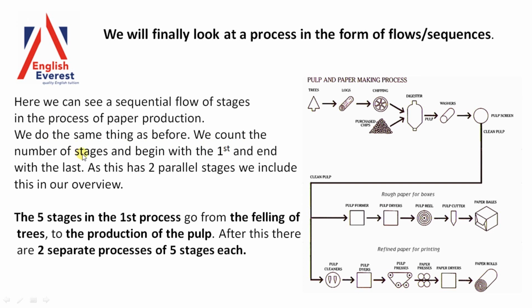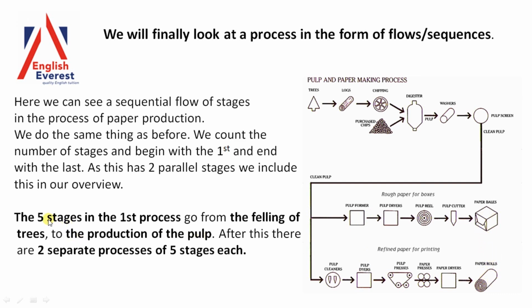We count the number of stages and begin with the first and end with the last. As this stage here has two parallel stages, we include this in our overview. So one stage, another stage, they run in parallel with each other and they produce different kinds of paper.